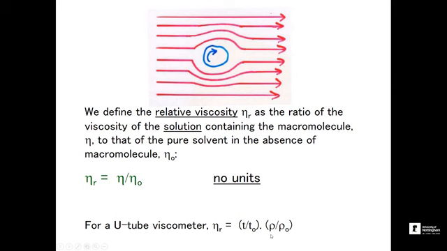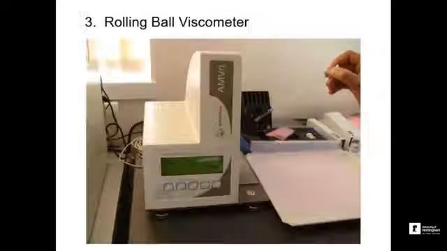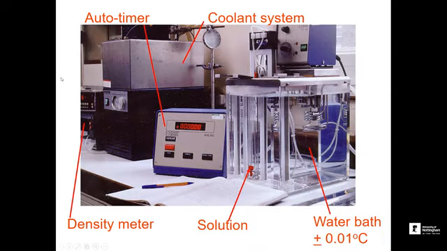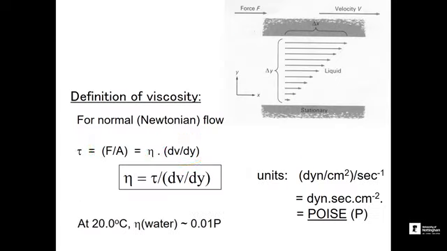So for accurate work, for proteins particularly, we need to correct for the density of the solution and density of the solvent. So you usually find there's a density meter near the viscometer, and sure enough, in our viscosity lab, there's a density meter opposite.